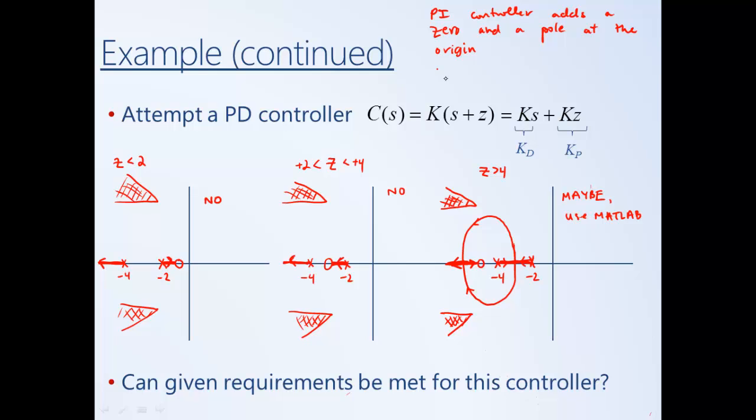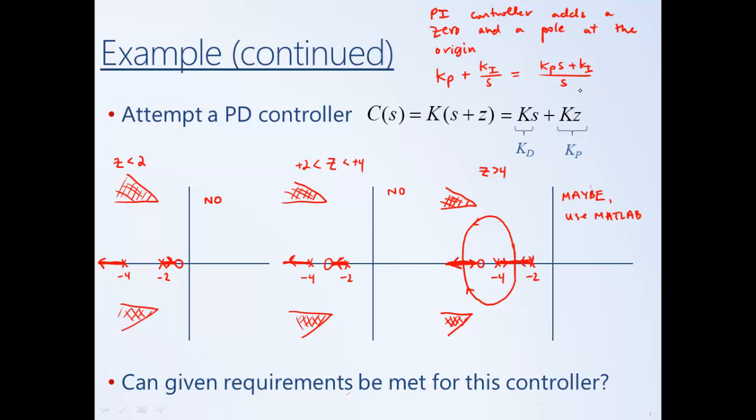So let's go ahead and recall. A PI controller has a proportional gain, and then it also has a coefficient on an integrator. If we get a common denominator, we need to multiply and divide this term by s. And then we can rearrange the PI controller into that form.